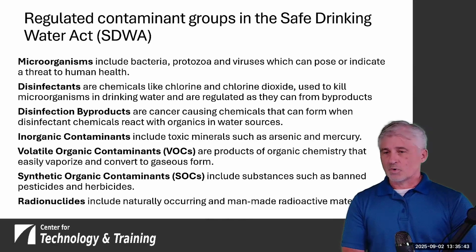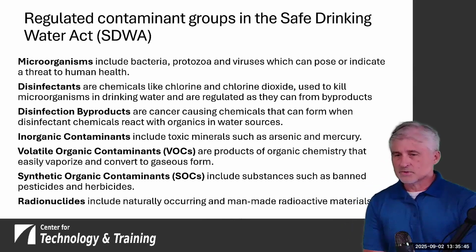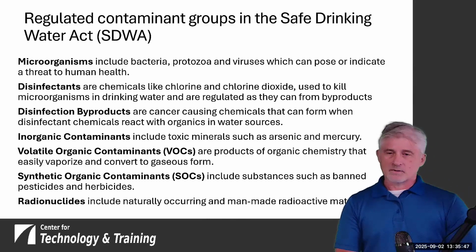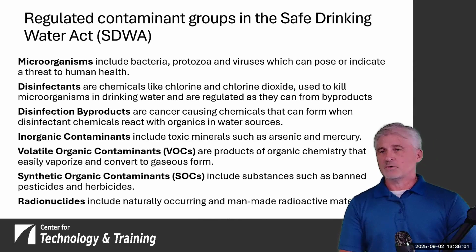As I mentioned, we have some inorganic contaminants, which are usually minerals or metals. Arsenic and mercury are probably a couple of the more prominent ones that come to mind. Those could be a result of contamination, or they could be naturally occurring. Volatile organic contaminants, or VOCs, are typically man-made. Quite often, I like to think of those as things like gasoline.